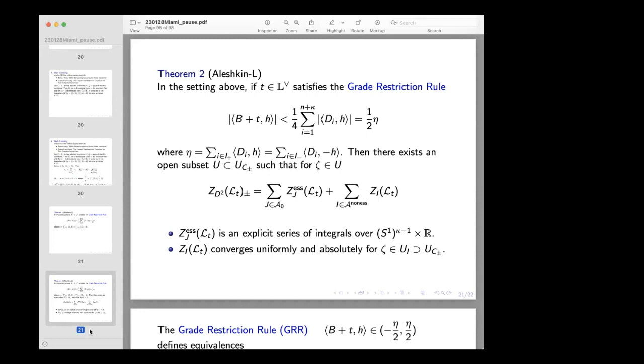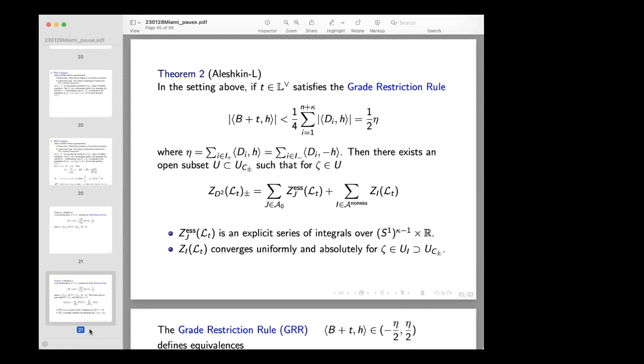So if we take T such that it satisfies this property, this only cares about the pairing with this edge, which defines the wall.